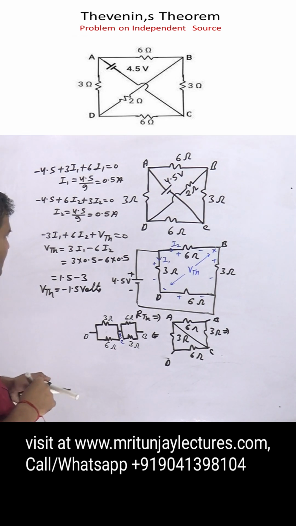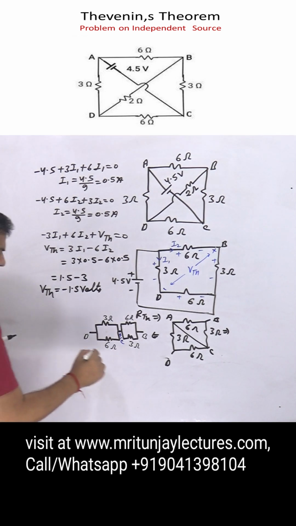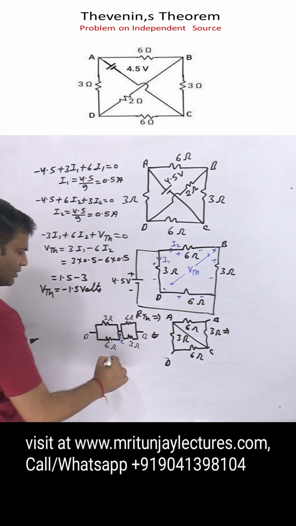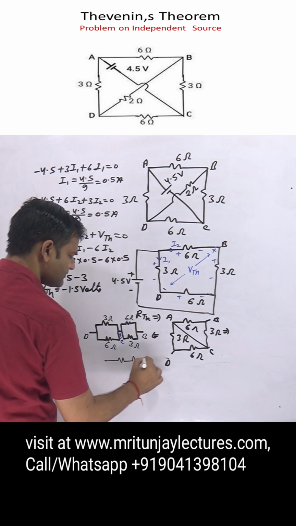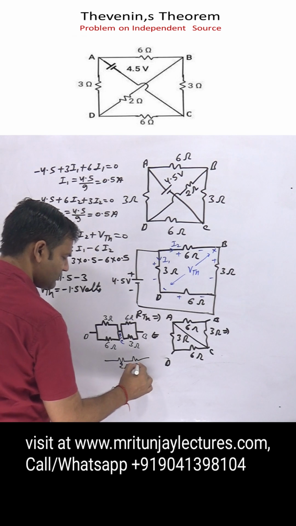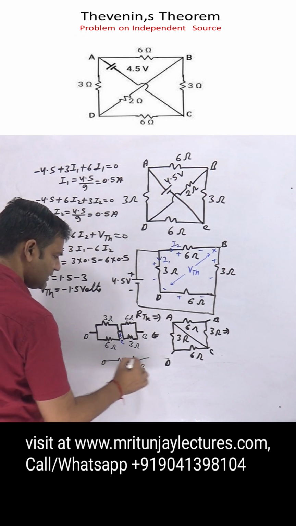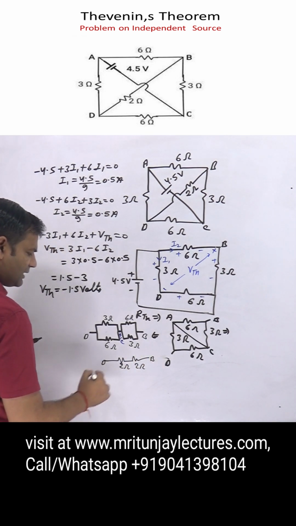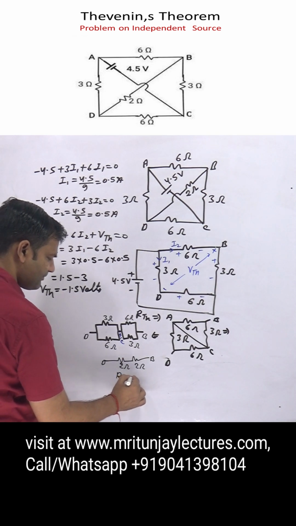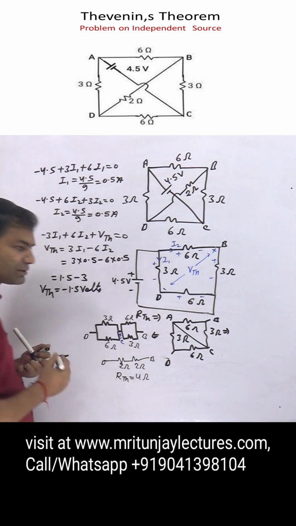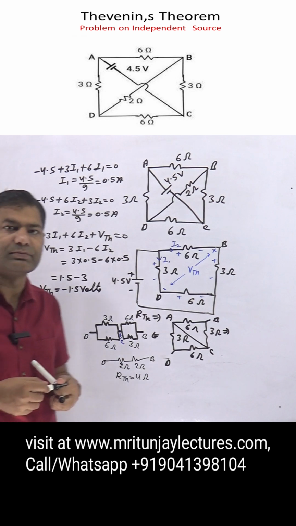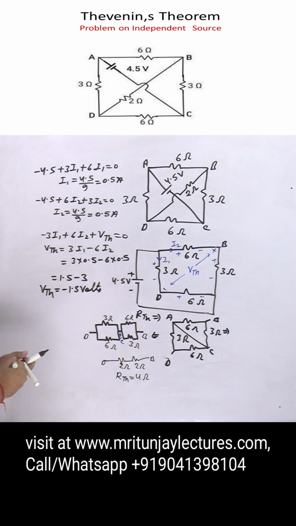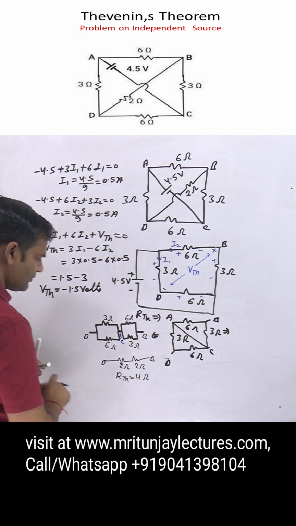So finally, the final representation is 2 ohm between D and B. So what about RTH? RTH is 4 ohm, clear or not? That is 4 ohm.